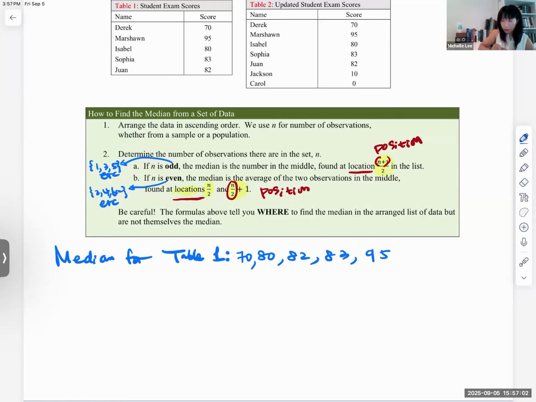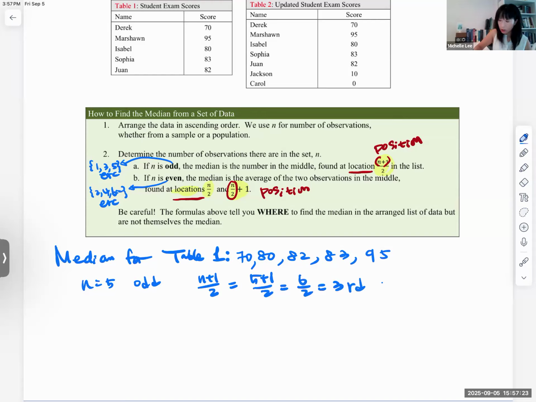Okay, 5 values. Now n equal to 5, which is odd. Then we make it an even number in order to divide by 2. So n plus 1 over 2, which is 5 plus 1 over 2, which is 6 over 2, which is 3.